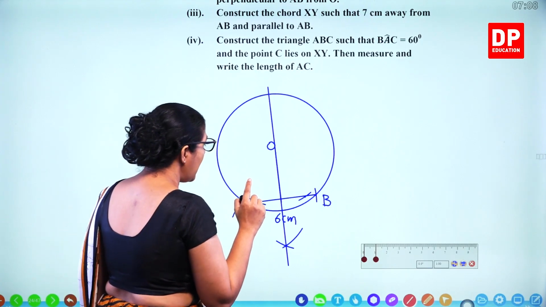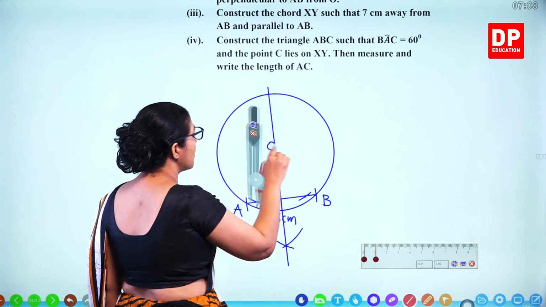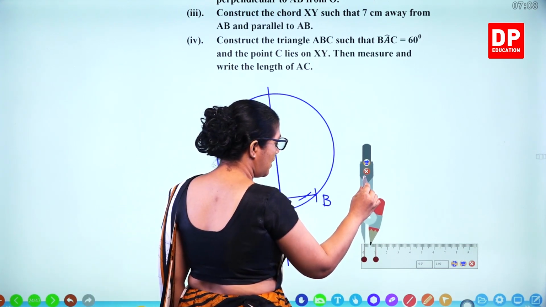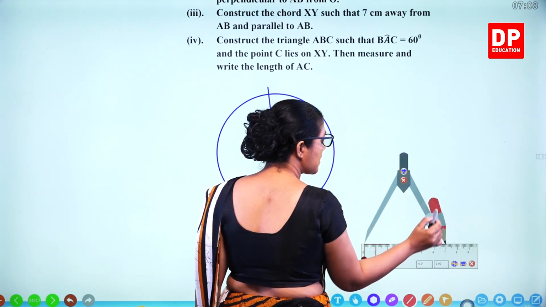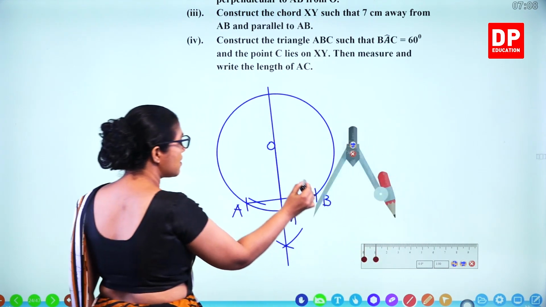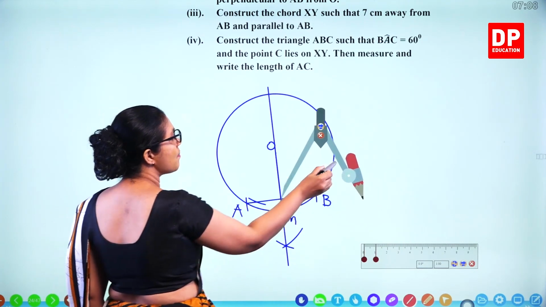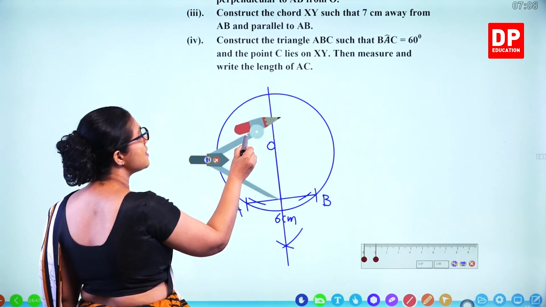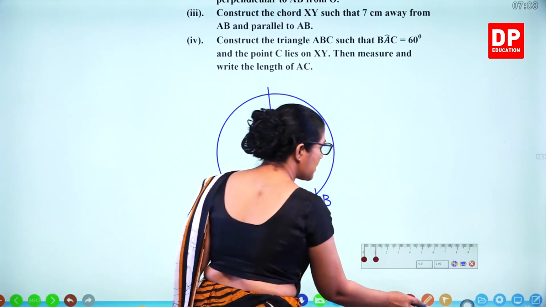And now we'll take 7 centimeter length from the ruler and the compass. We need 7 centimeters away from AB. So we'll keep on top of this point and mark the 7 centimeter length. So this is 7 centimeter length.